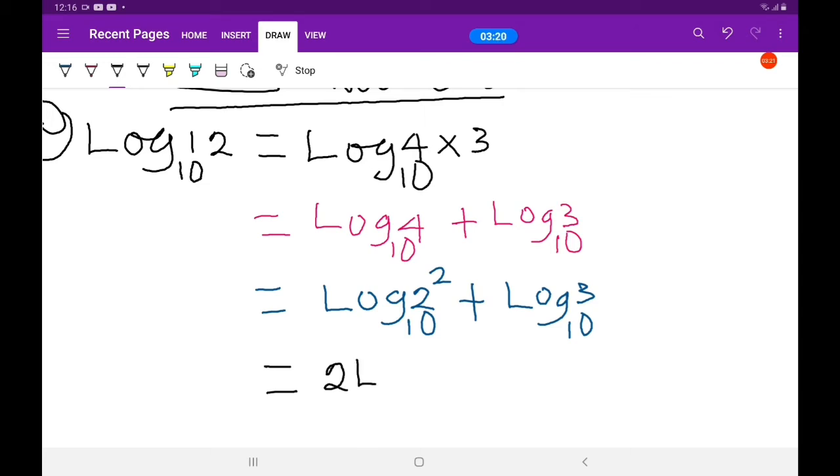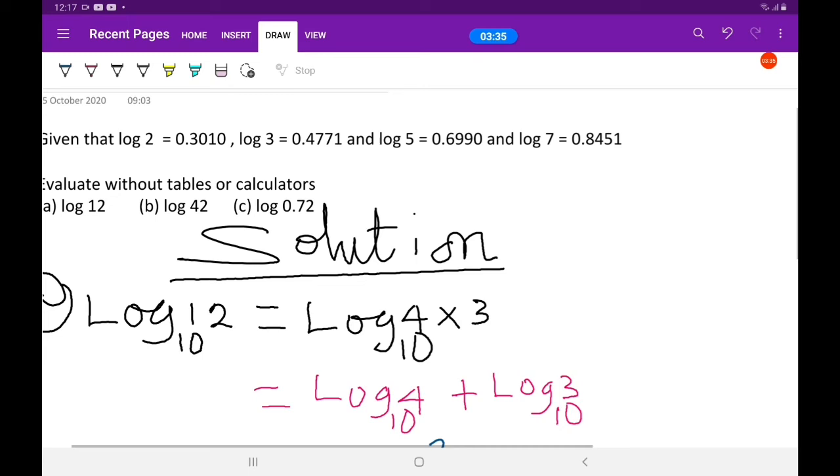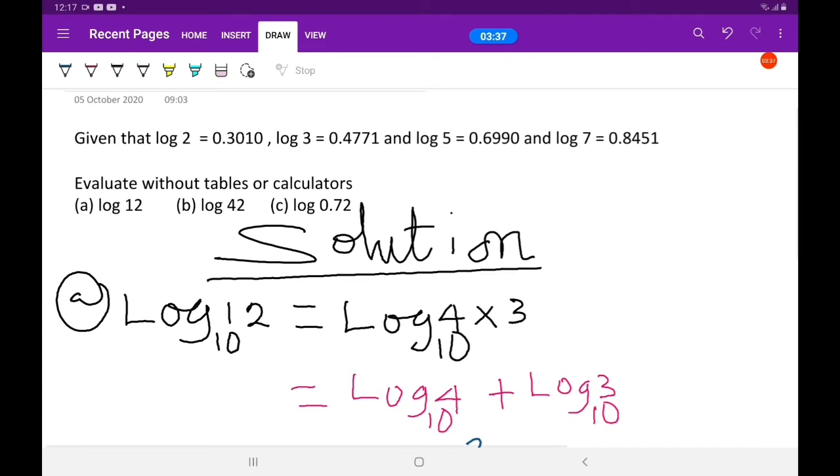So we have 2 log 2 to base 10 plus log 3 to base 10. I will encourage you to write the question so that you will not be going back when you are watching the video. I'll give you time to quickly copy this.